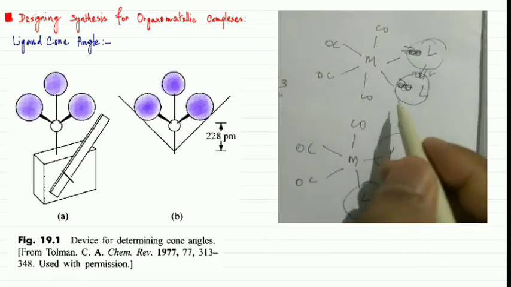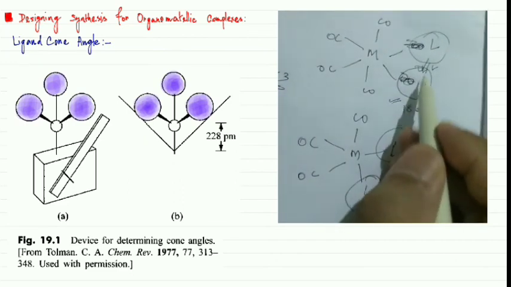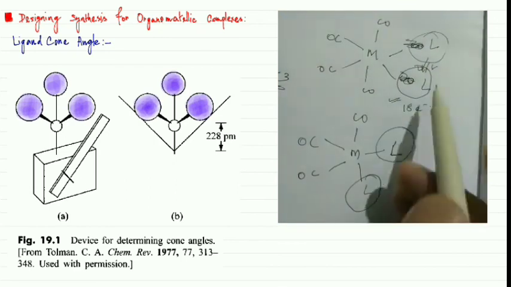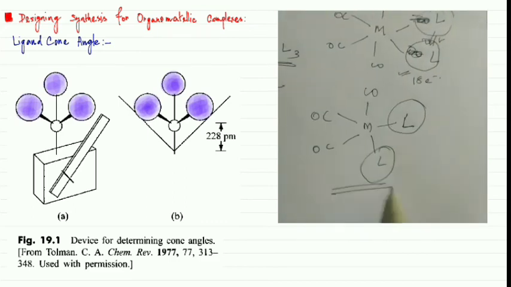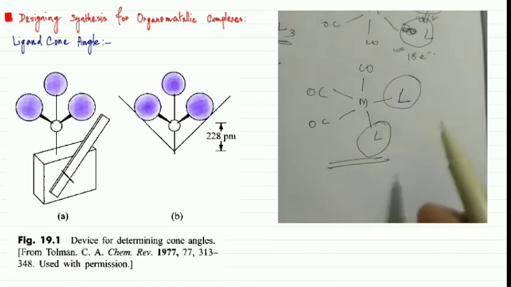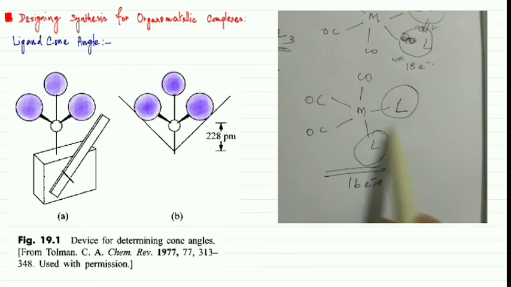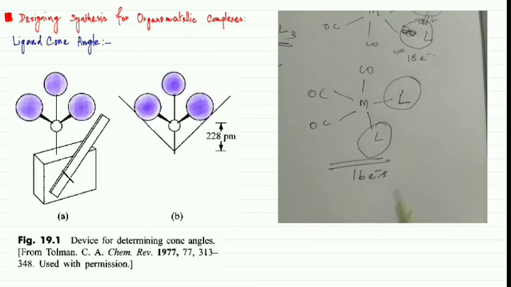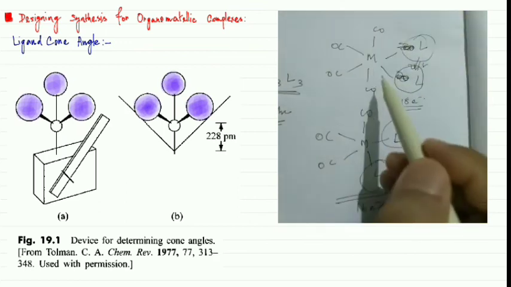But in this case no doubt we'll get 18 electrons, if the 2 ligands contribute 2 electrons each. So according to the 18 electron rule, this complex is stable.